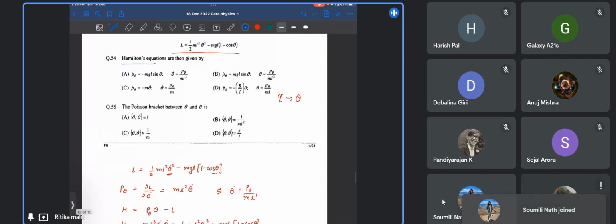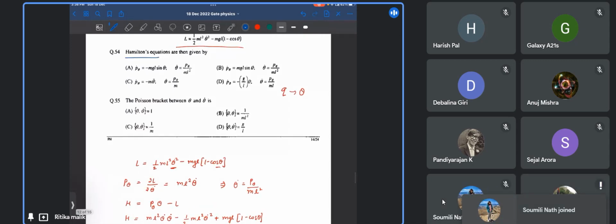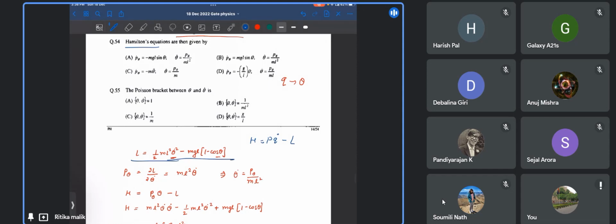To calculate the Hamilton's equations from the Lagrangian, you have to know P Q dot minus L. You know your L, but you do not know what your P is.